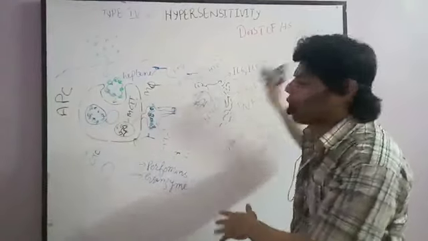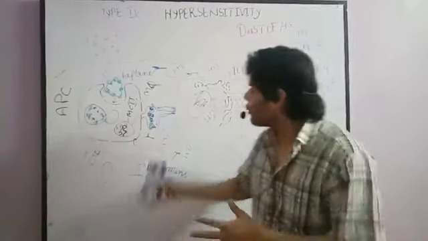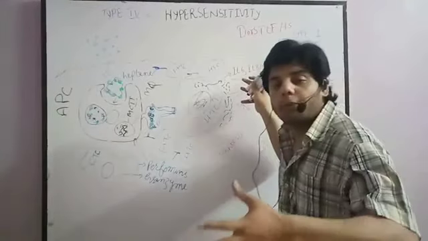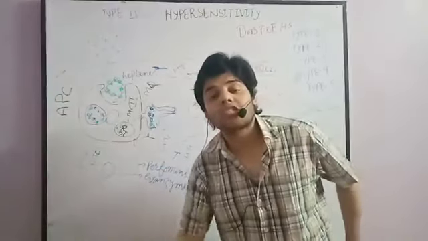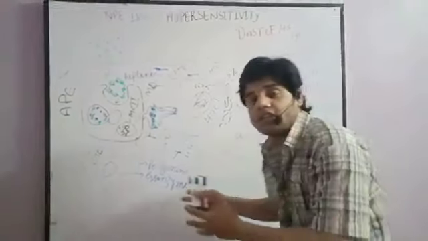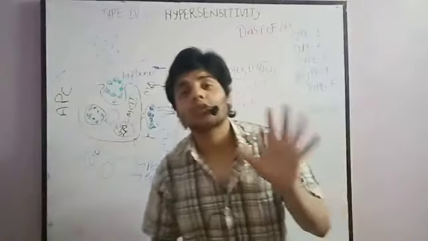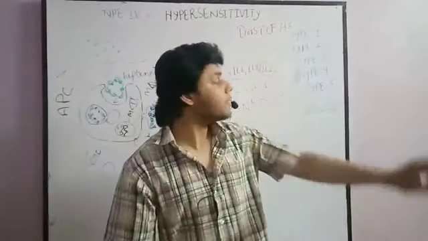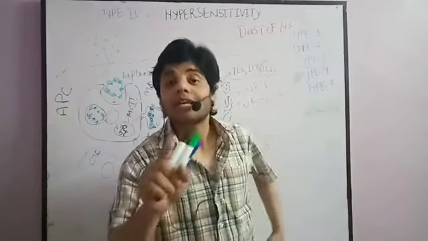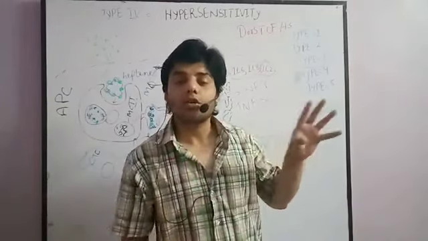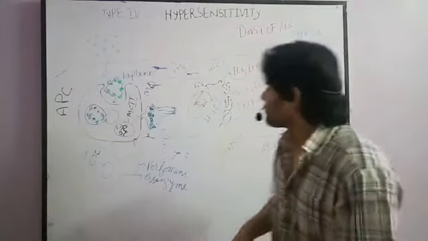They will secrete a lot of chemicals, and many more helper T cells, cytotoxic T cells and dendritic cells are activated. So hypersensitivity occurs, but it will take 24, 48 or sometimes 72 hours. Such times they need.